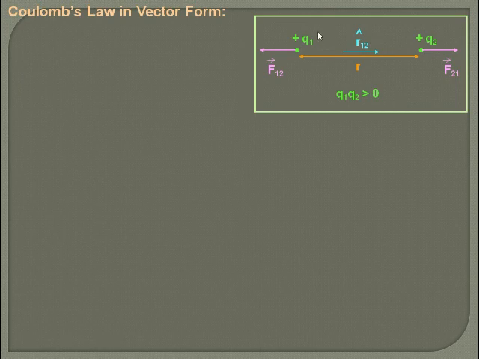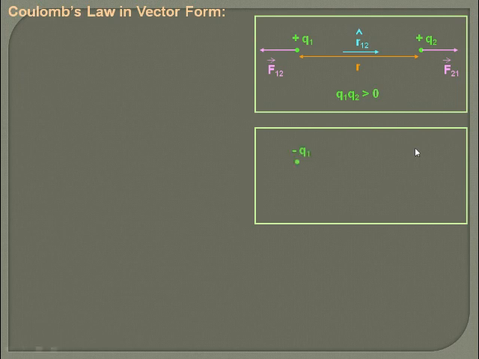So the force on q1 by q2 can be given as F12 vector, and its direction is radially outward. And the force on q2 exerted by q1 can be written as F21 vector, which is also radially outward.